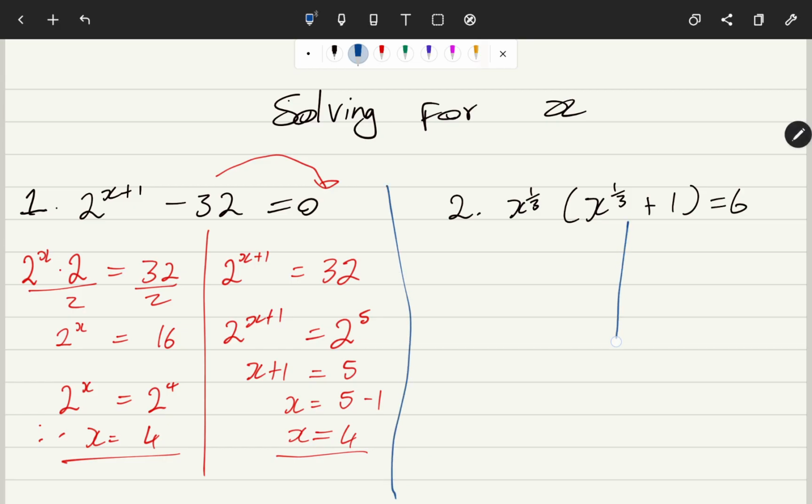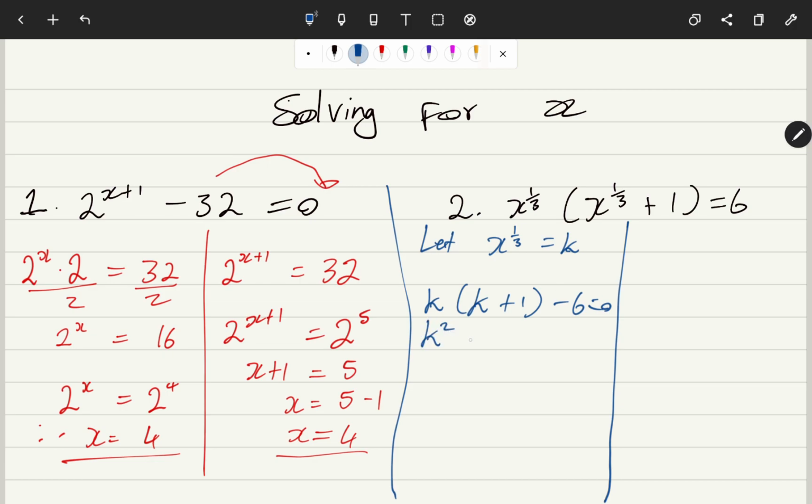I'll say there are 2 people, right? The first person says, okay, firstly let me say let x to the power of 1 over 3 be k, right? So now what do I have? I have k into k plus 1, minus 6 is equal to 0.